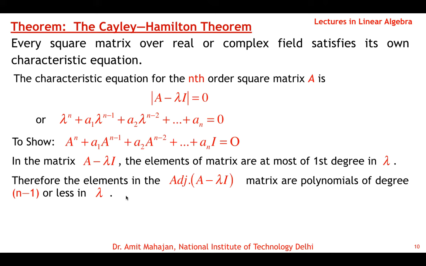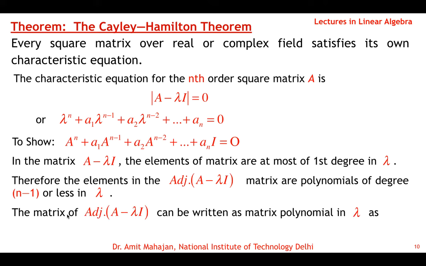And so the adjoint of A minus lambda I can be written as a matrix polynomial in lambda, and we can decompose it as a sum of matrices.